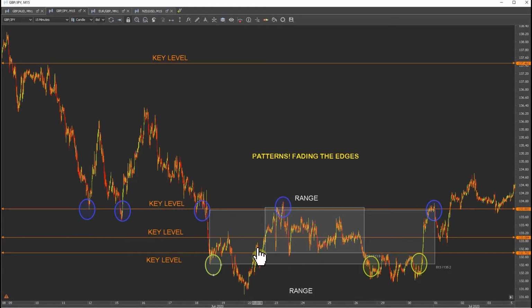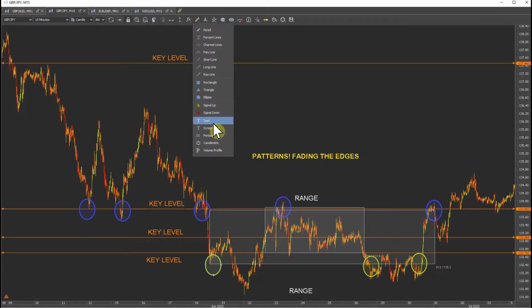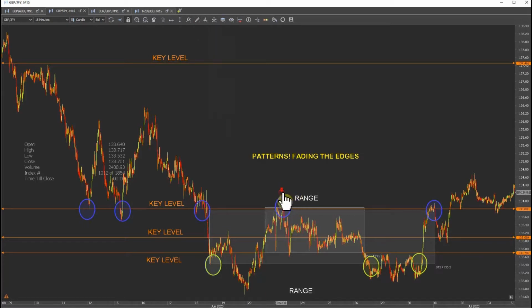So here we're bearish when we fade the edge of the range. So we're waiting for a move up, which is called the fade back. So look, we've got a gap down and a fade back. We're bearish for selling, okay? Here we have a gap down to the low of the range and a fade back for selling, okay? That means we're bearish on that pair because we're only looking for sells in this explanation, okay?